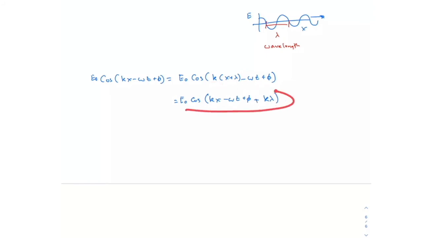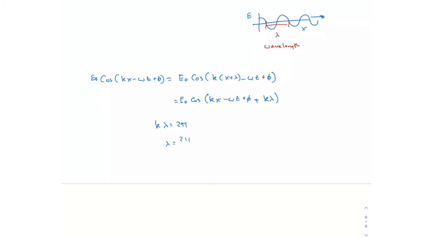In order for this to equal this term, k lambda has to equal 2 pi, or an integer multiple of 2 pi, so that the sinusoidal function repeats itself. So after I move a distance lambda along x, the function has to repeat itself. So the argument changed by k times lambda. So I get that k lambda is 2 pi.